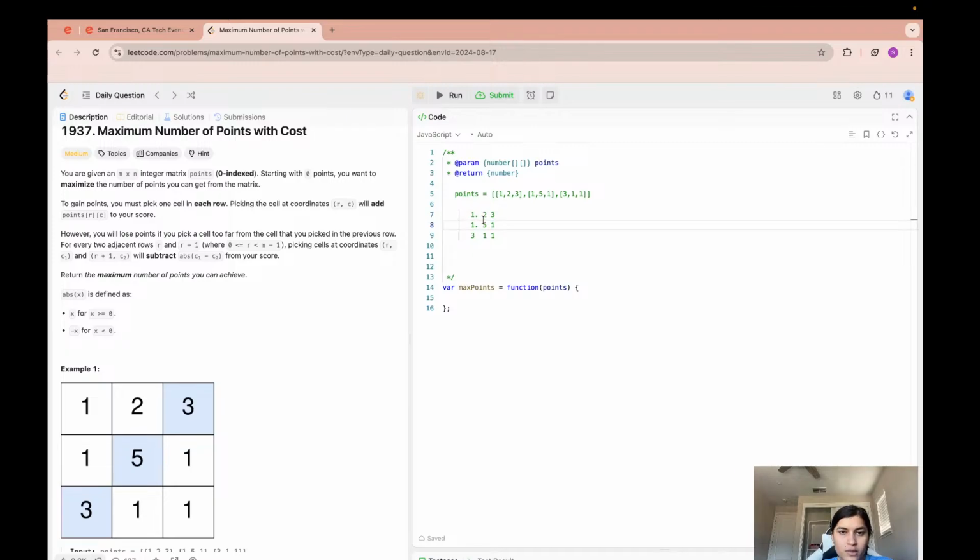So if I picked a cell from the first column on row 1 and the fifth column from row 2, then it will be 5 minus 1, which is 4. So there will be 4 subtracted. That's what it is saying here.